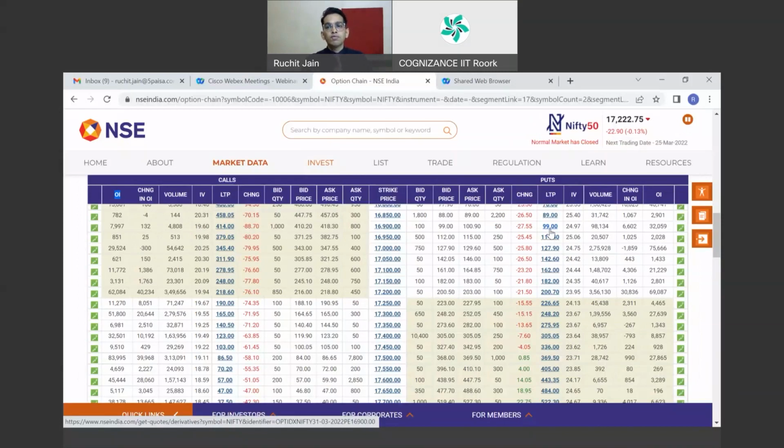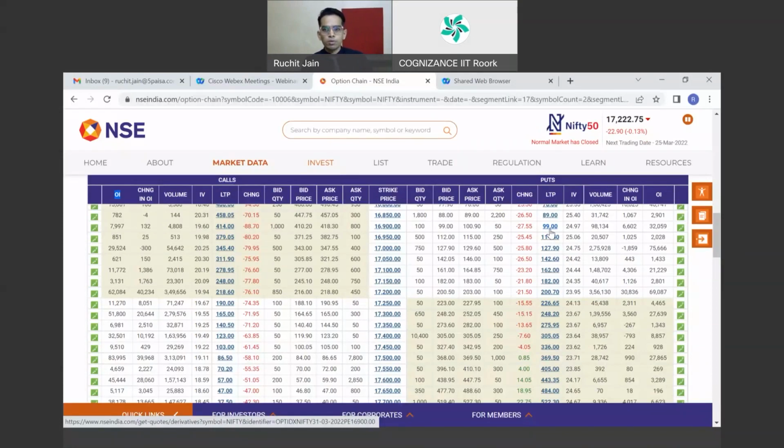Today we are at 17,200. If Nifty goes down to 16,900, then this put option's premium value will increase. From 99, it will go to 120, 140, 150. As the market corrects, all the put options' premiums increase. So from 99 it goes to 150, 200, whatever it goes, you can make profits from that when you square off the position.